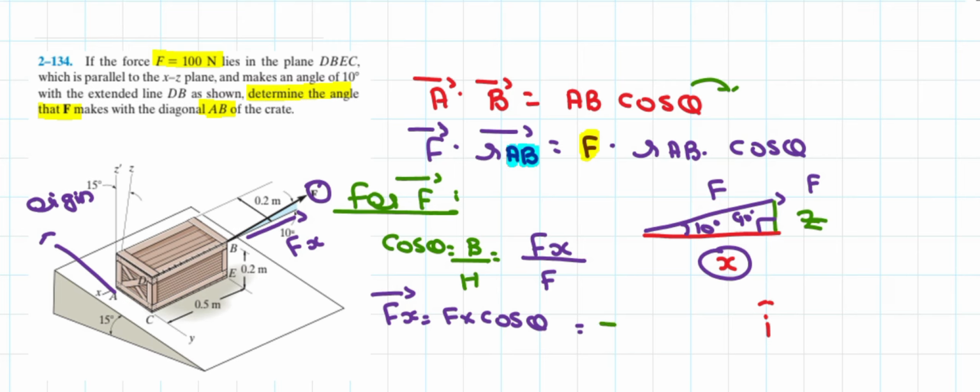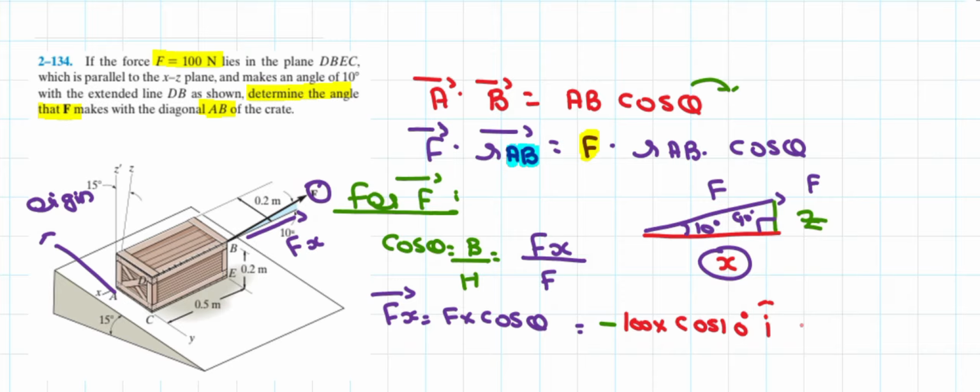If Fx were acting out of the page, I would put the positive sign, but in this case Fx is acting into the page. As for the value of F, it is already given as 100 Newton. So I write 100 into cos theta, where theta is 10 degrees, so this is cos 10 degrees.